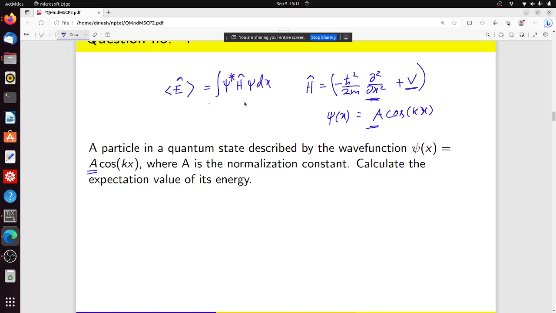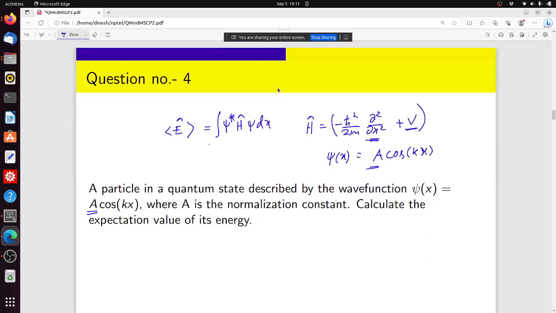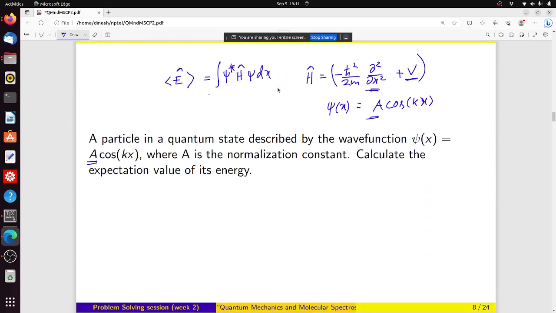Let's take 3 minutes now. You can do it. You have to do a 2-time derivative of this cos, and you will effectively get cos again. Then you have to do the integration once.